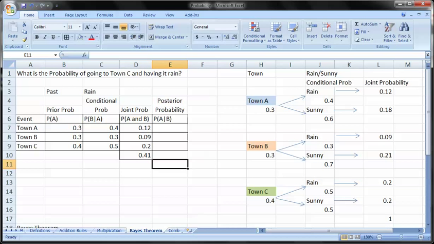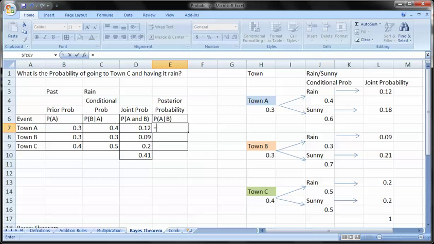Okay, so what we're looking for with this posterior probability is the likelihood or the probability of an event happening based on previous things. So in this case, it's going to be this event divided by the sum of those events. This event divided by here, this event divided by here.